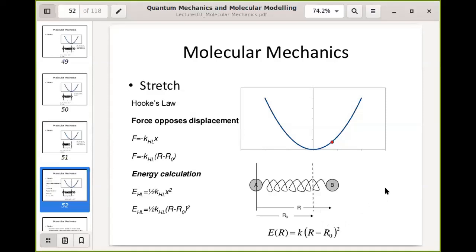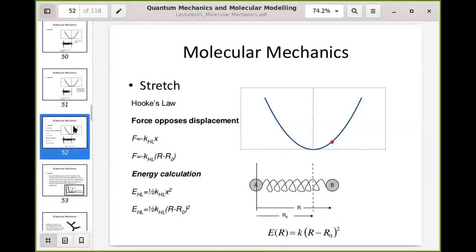What we need to do, though, and we'll find out a bit later in the second set of lectures, is how to get to these force constants for atoms, because you cannot simply take a pair of atoms and move them apart and experimentally measure that energy. That is a very difficult task to do. So the form of the energy within a bond is simply a force constant for those two atoms for that bond times the displacement, or the difference from equilibrium, all squared. And that works quite well.